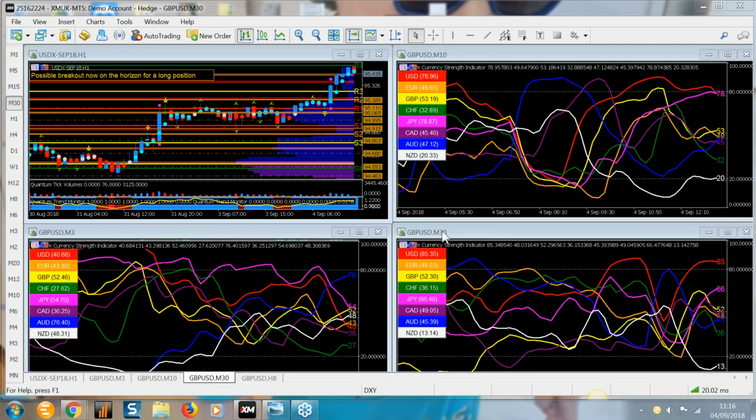As I mentioned earlier, the driver this morning for cable, yes, the construction PMI didn't come in as well as expected either, although on Forex Factory it's been slightly downgraded. It hasn't been given a red traffic light, just amber.